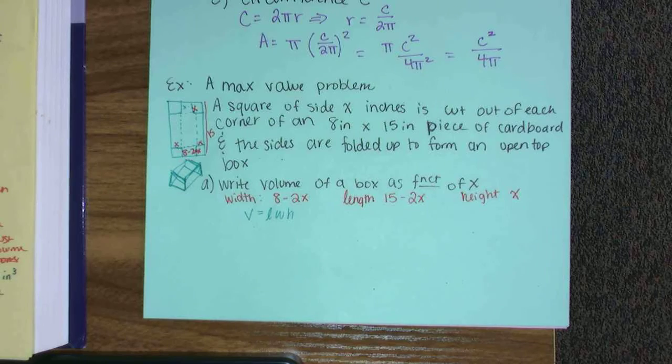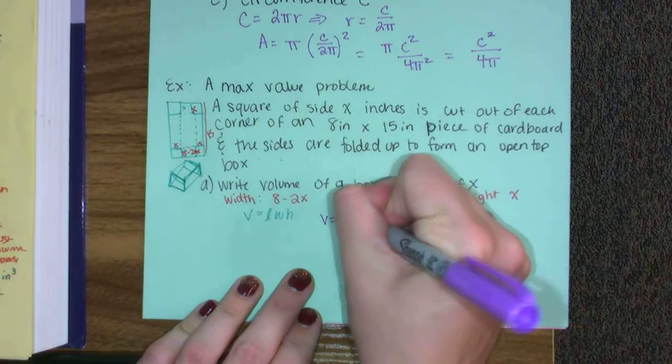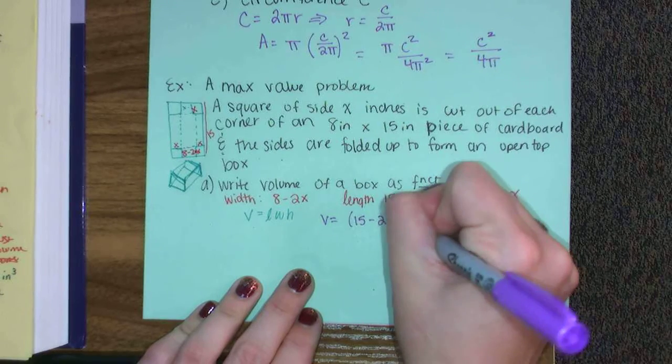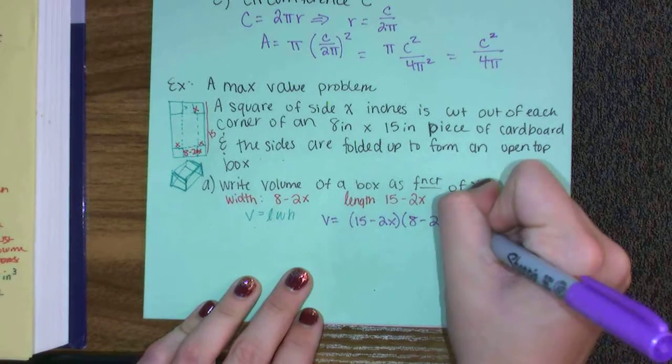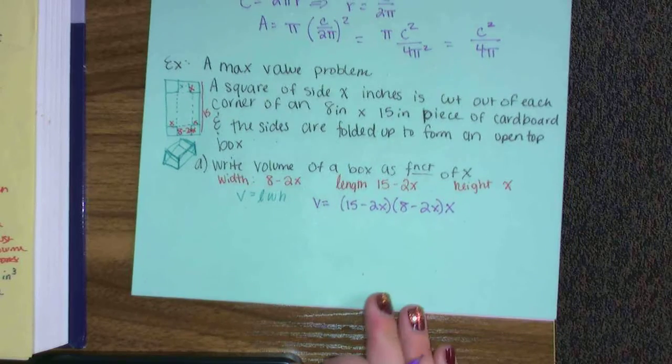So now when I do this, I literally just put all this stuff out here. So V is equal to 15 minus 2x times 8 minus 2x times x. And that's all you have to do to write the volume as a function of x.